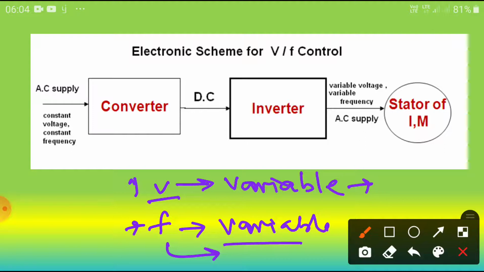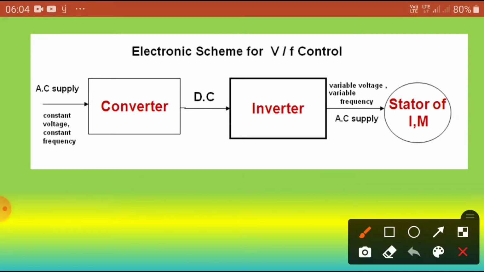So for that purpose, we have to change the frequency ourselves from 50 Hz to another frequency with the help of electronic circuits. Okay, here you can see how the circuit is connected. Here AC supply is given by the DISCOM people. DISCOM gives constant voltage, nearly plus or minus 10%, and constant frequency, plus or minus 5%.